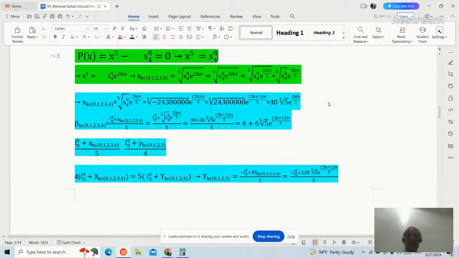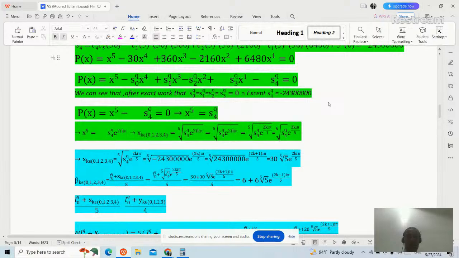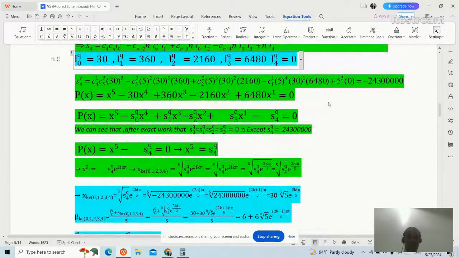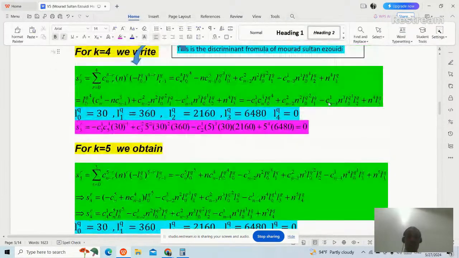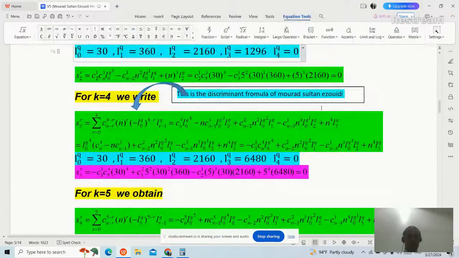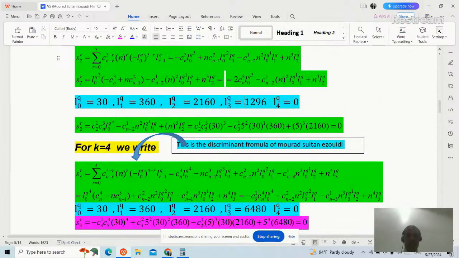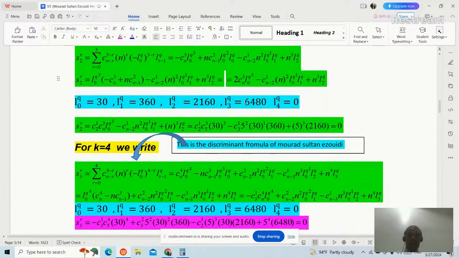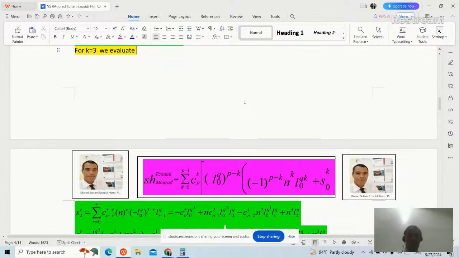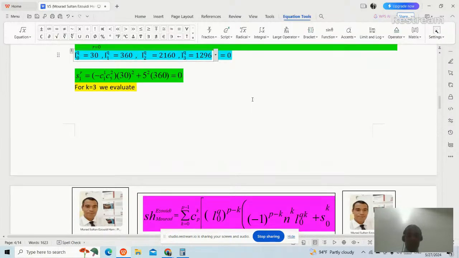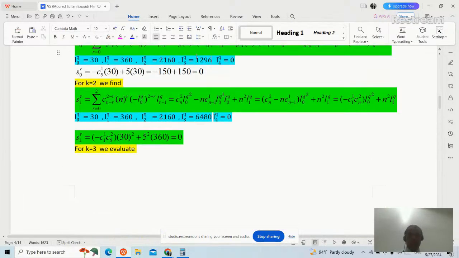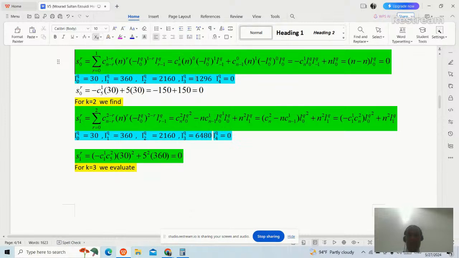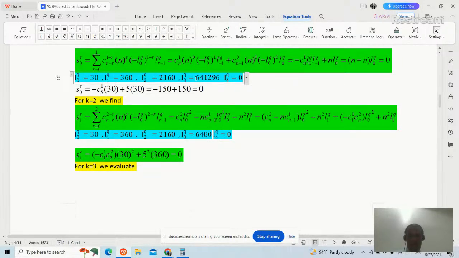Now, thanks to this method of Mourad Sultan Ezouidi, that helps learners to complete. So this one we said is 6,480. Let me clarify this: 6,480.